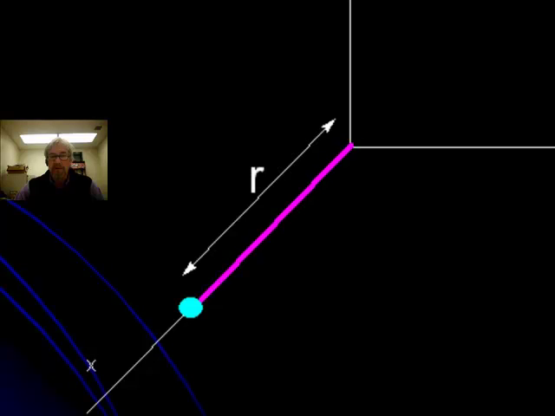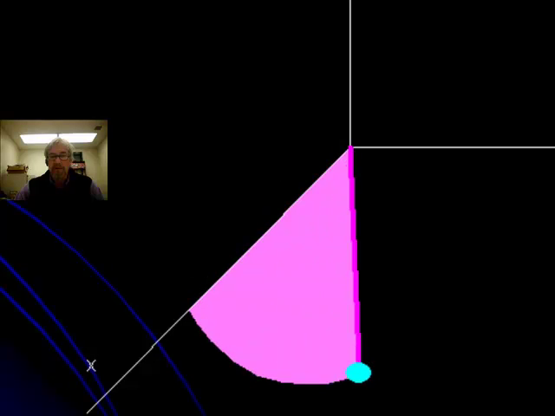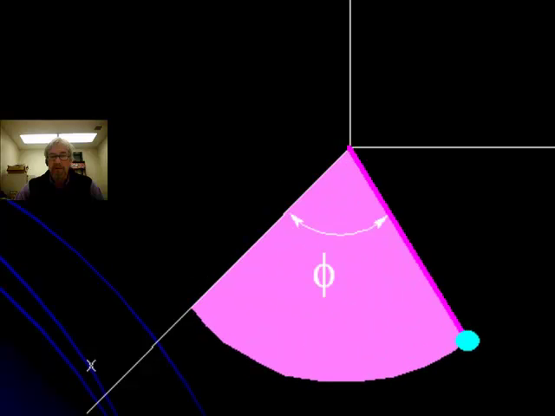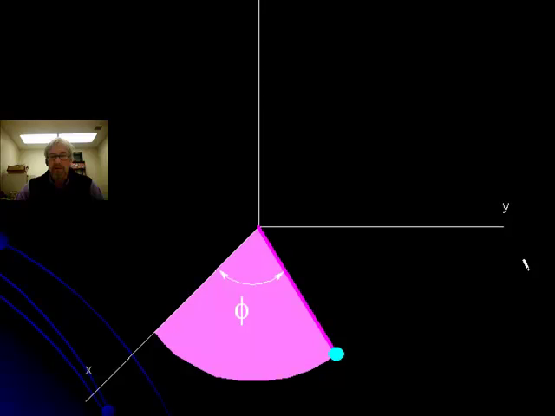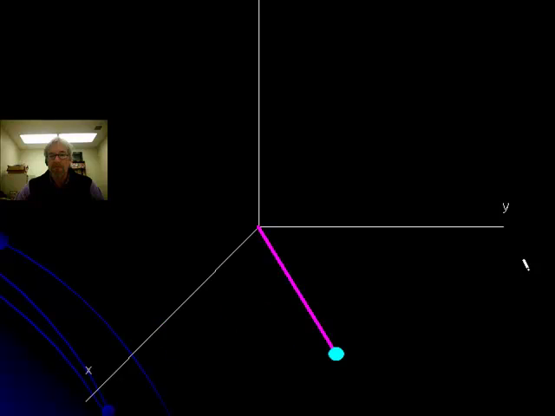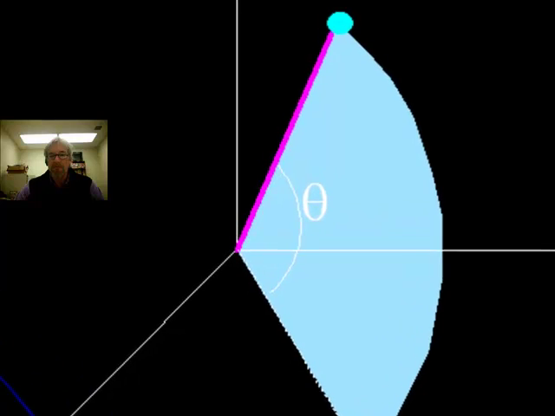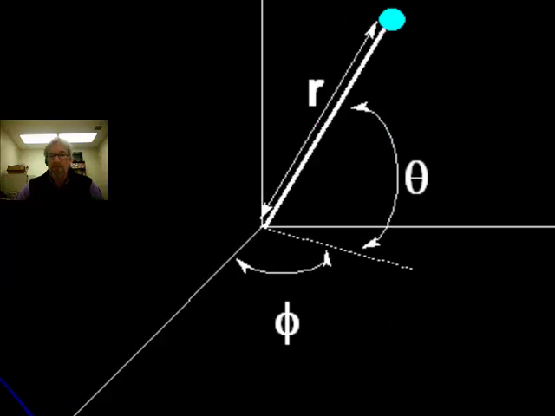And then in the XY plane, how far are you from a designated starting point? We call that phi. That's the Greek letter phi. And then the third thing that you need to know is how far up are you? What's your angle up from the XY plane? And that measurement we're going to call theta. That's the Greek letter theta. So there's our axis system, r, theta, and phi.